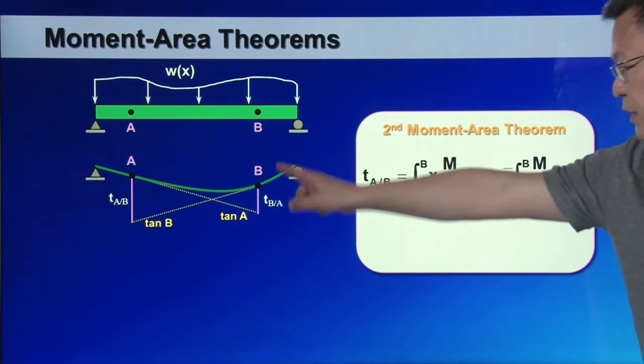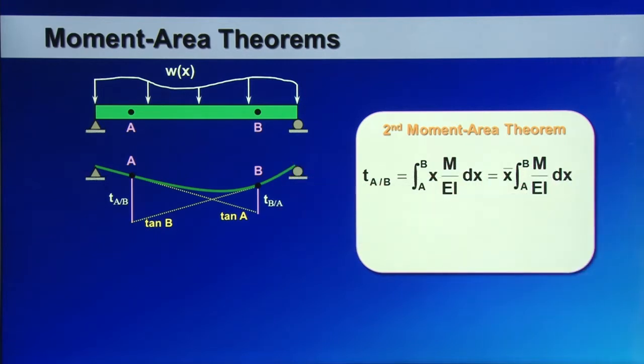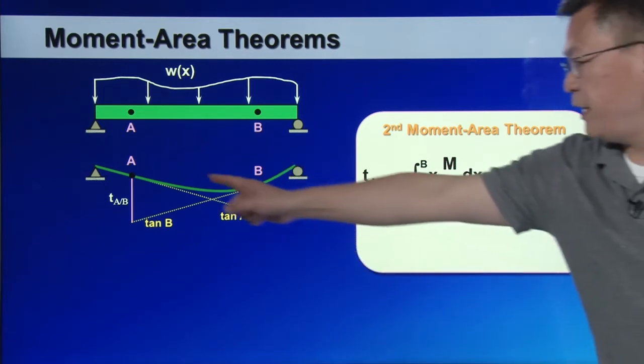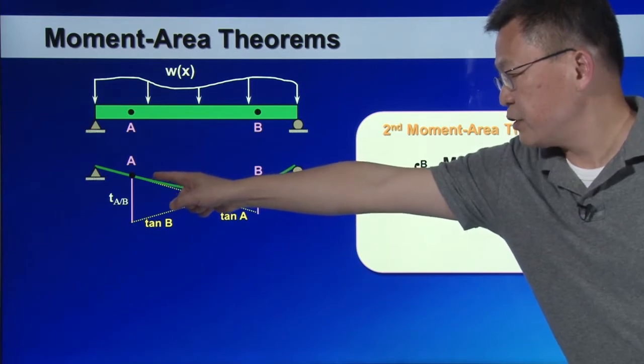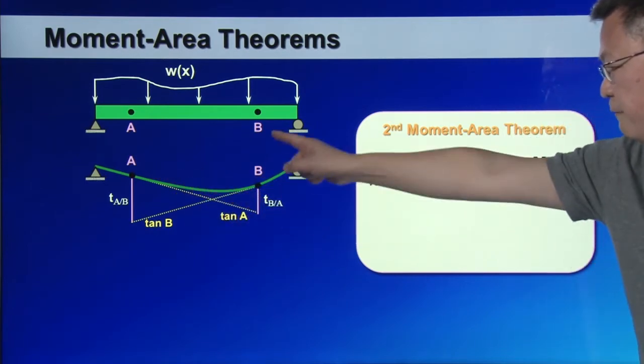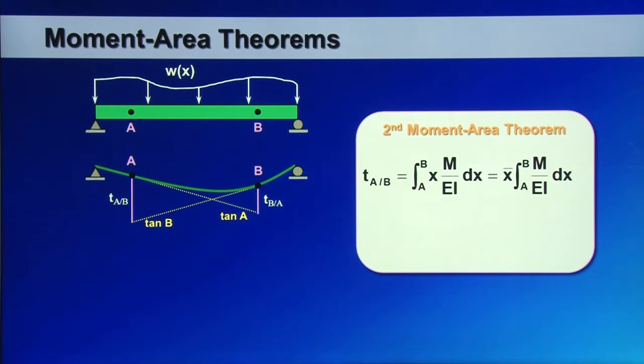So this is tB/A. So tB/A is a tangential projection from A to the vertical distance of B. So they are not the same.